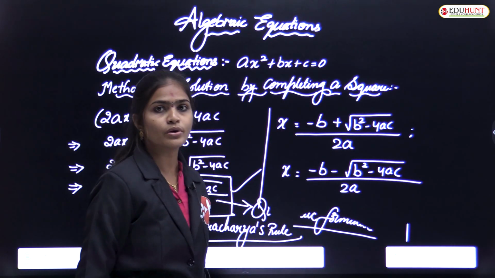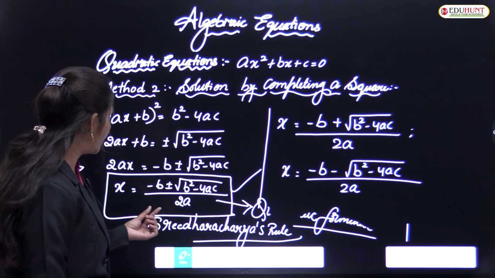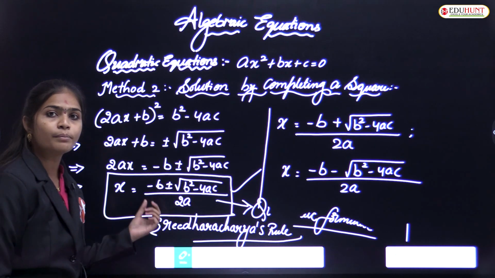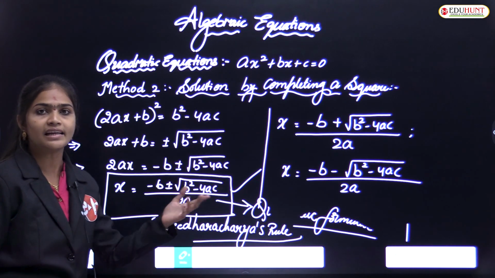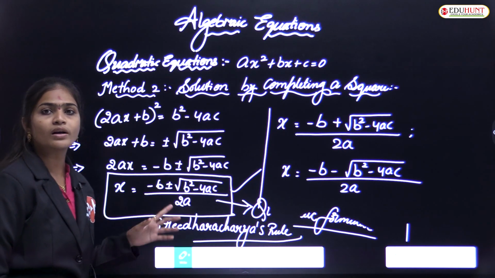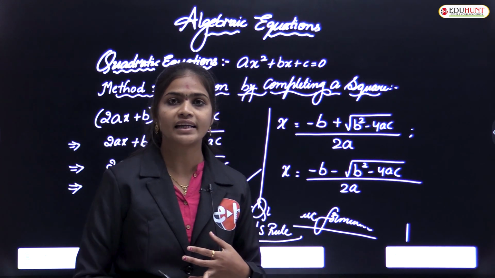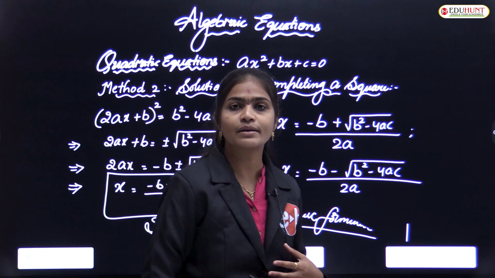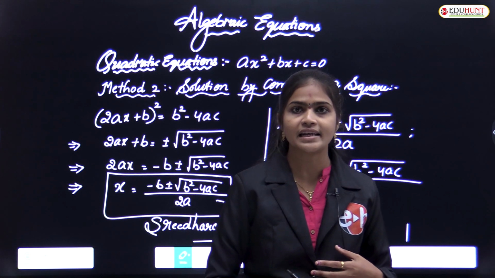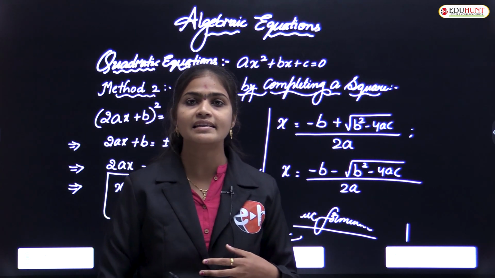These two are the roots of x. Is it clear to you? With plus we get one root, with minus we get the other root. So the quadratic formula we use to find the roots of a quadratic equation is x equals minus b plus or minus root of b square minus 4ac by 2a, which was given by Sridhara Acharya.